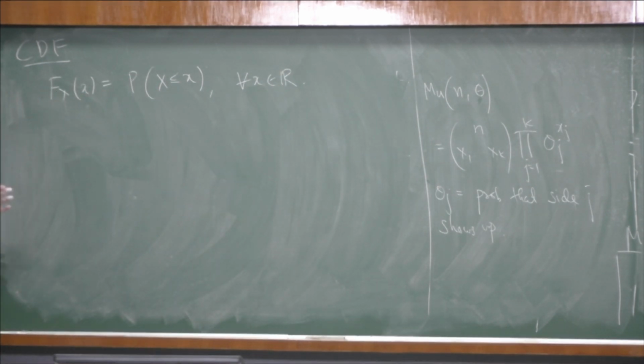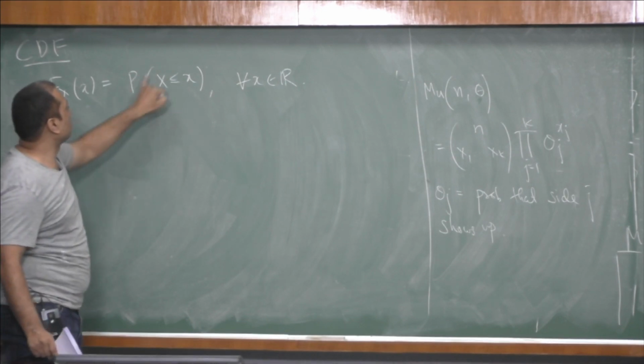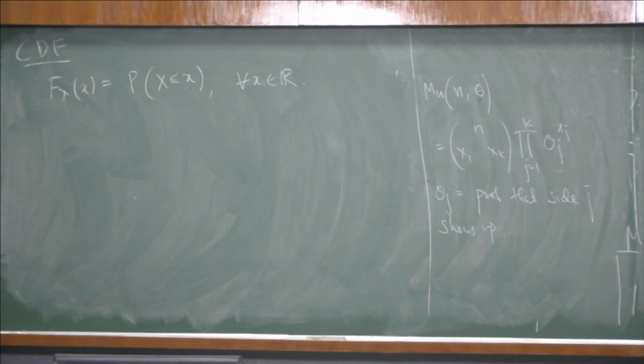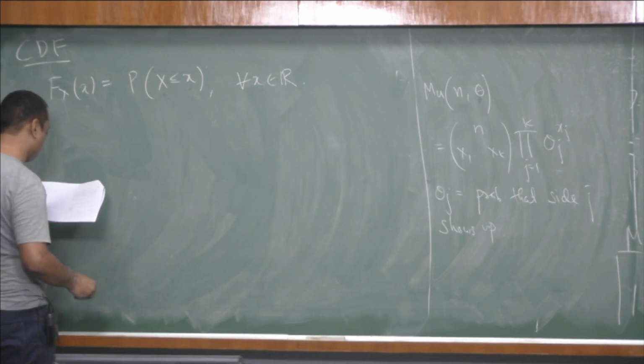You can put x to be any real number, not necessarily in the range of X. Even if it goes beyond the range, it doesn't matter. We define it in a way that everything is fine. So this is the cumulative probability. In the discrete case, you know how to compute the probability up to a certain point: you are adding up all the probability values.